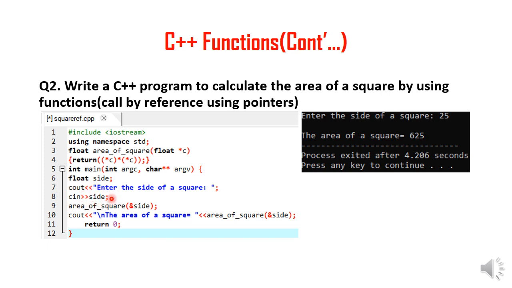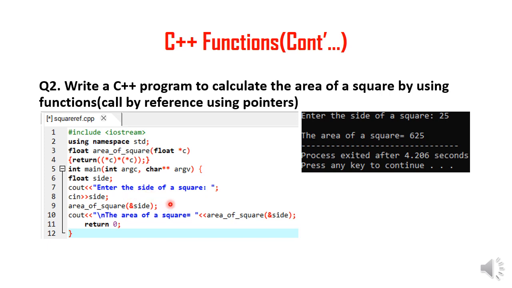Side is a variable. So here we have the function call statement, and as the formal parameter of my user-defined function is a pointer, once I call it, I give it the address, because a pointer is a variable which is always assigned the address of another variable.